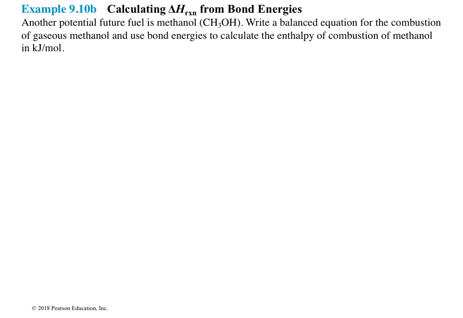Okay, here's another one. We're going to look at methanol, CH3OH, combusting in oxygen. And remember, with combustions we go to CO2 and water. So we need to balance it.